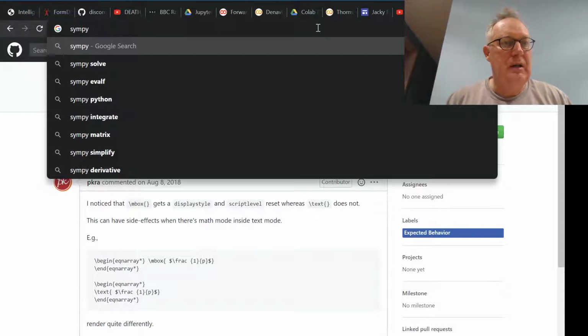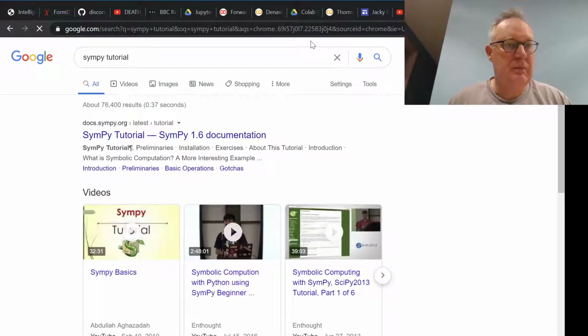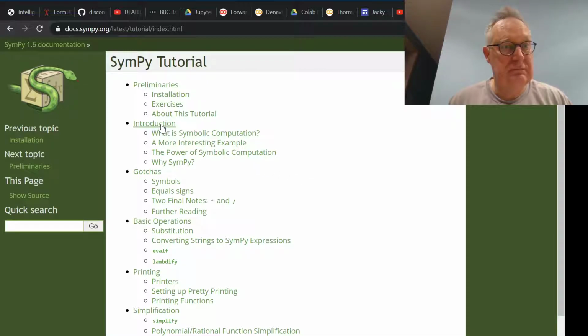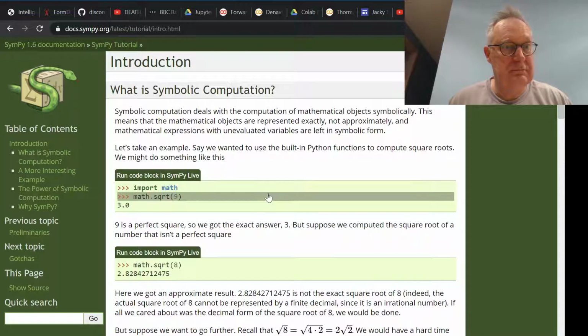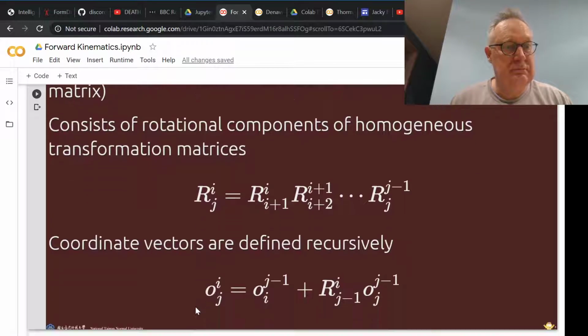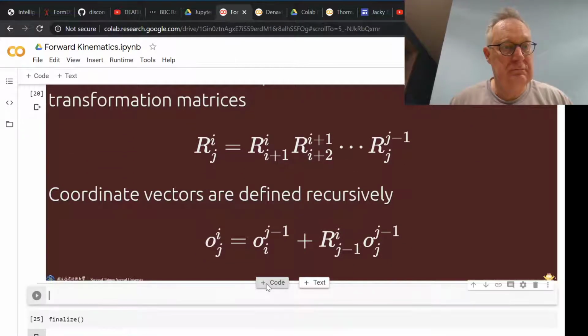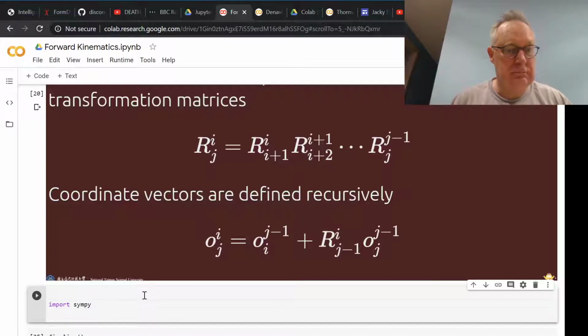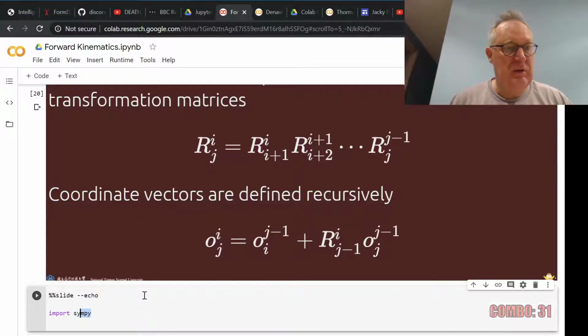So we have SymPy tutorial. So this is the SymPy package that I was talking about.